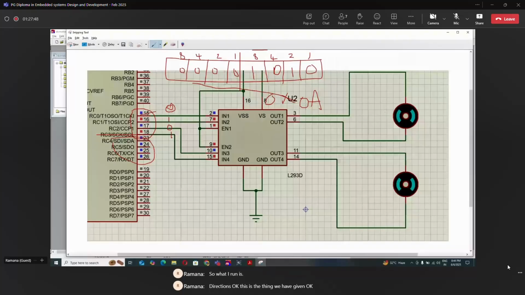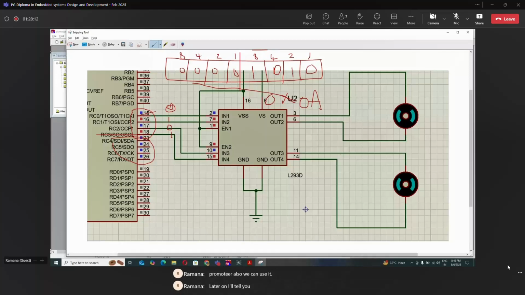Okay, but directly from the microcontroller we can't give to the motor, we use the driver IC. This is exclusively for the DC motor driver IC. Okay, and also we can use this for a stepper motor. Stepper motor also we can use. Later on I'll tell.